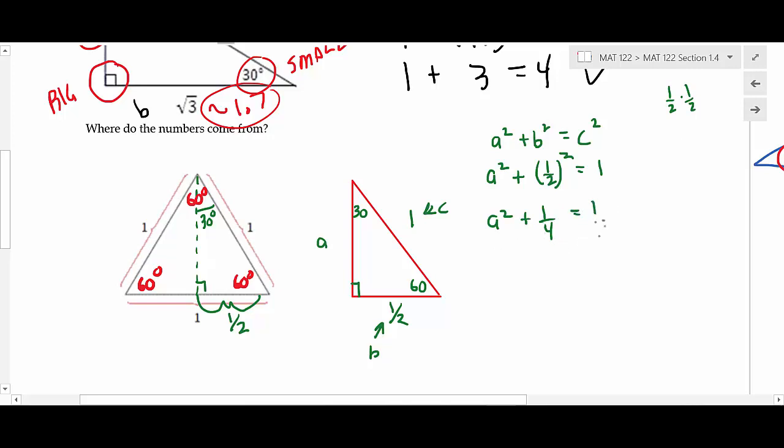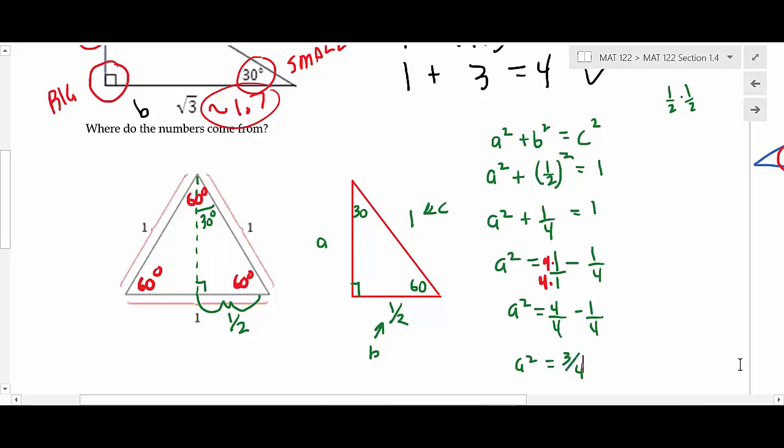Then you subtract 1/4 from both sides to get A squared is 1 minus 1/4. Then you can get a common denominator, so I'm going to multiply that by 4/4. So A squared equals 4/4 minus 1/4. Therefore, A squared is equal to 3/4.